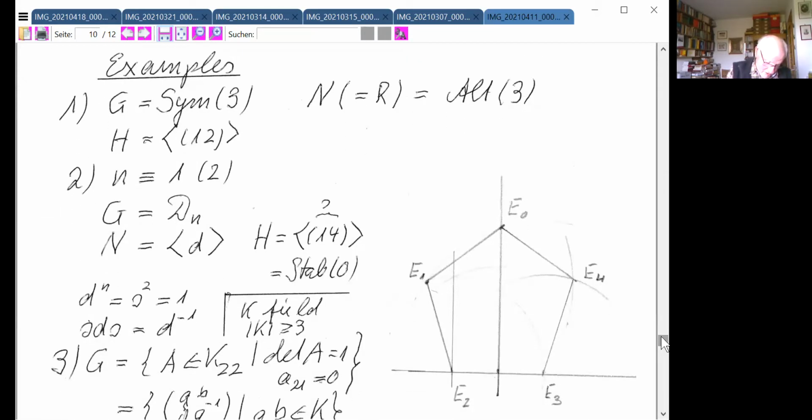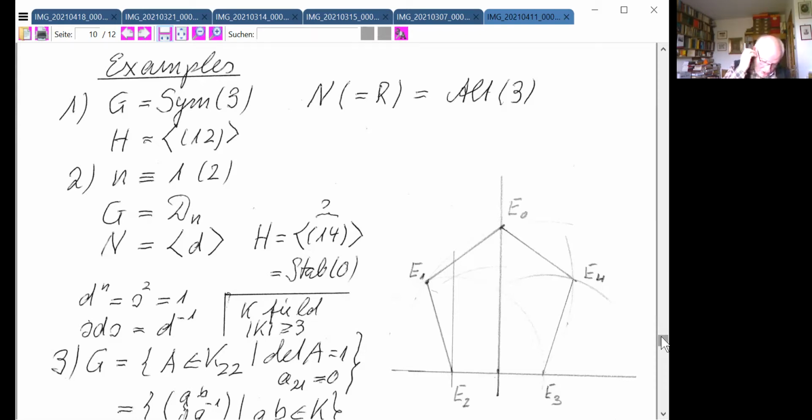You take a regular n-gon. On the picture, I have a 5-gon, a pentagon. It's important that n be odd, then the group of rotations and reflections, turning over, of such a figure is a Frobenius group.